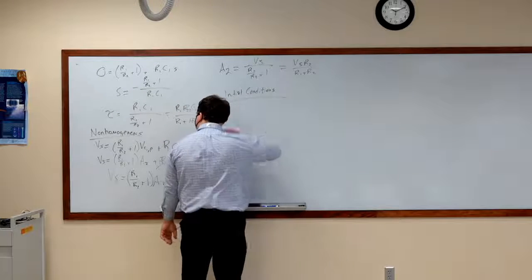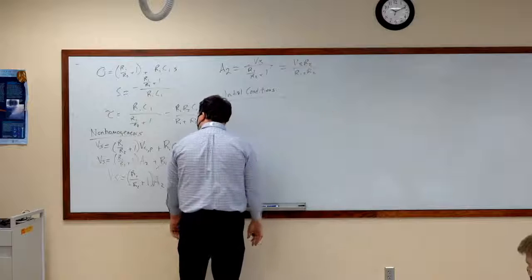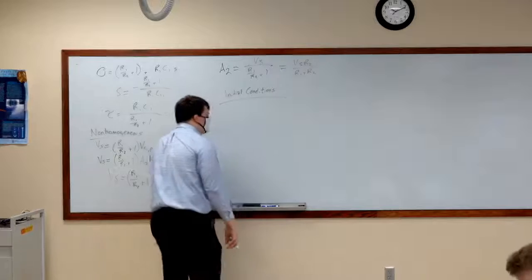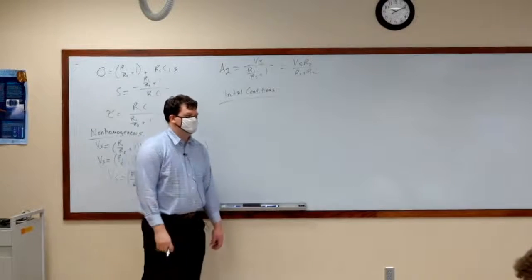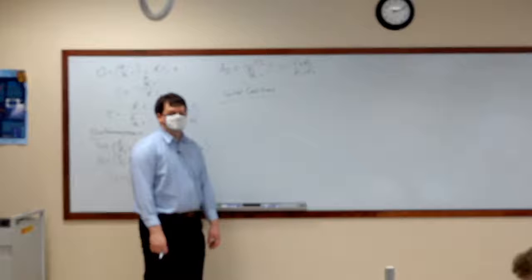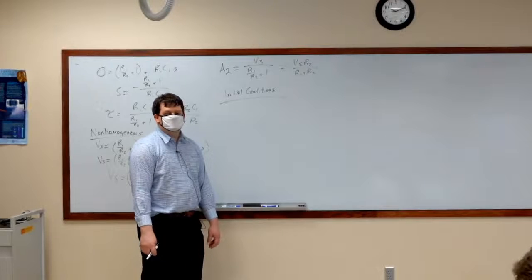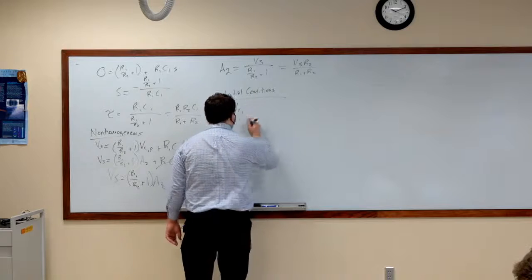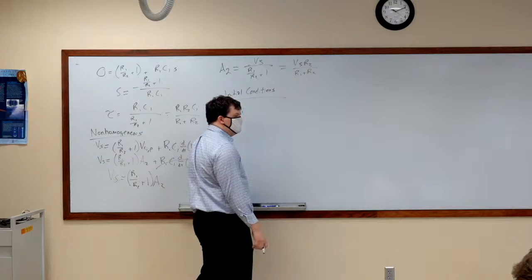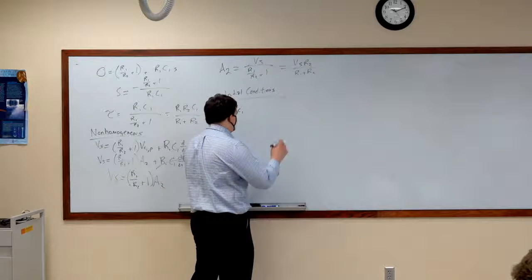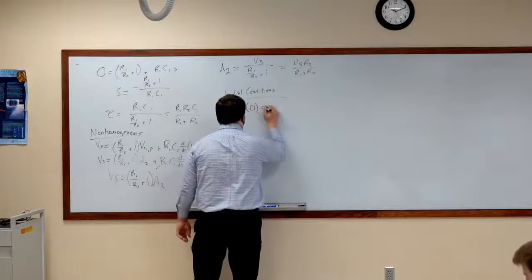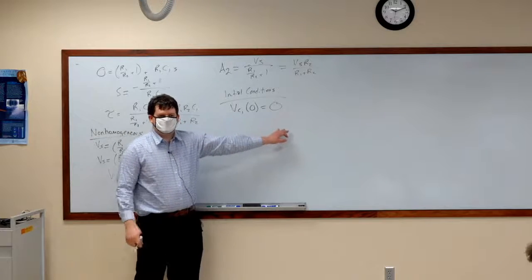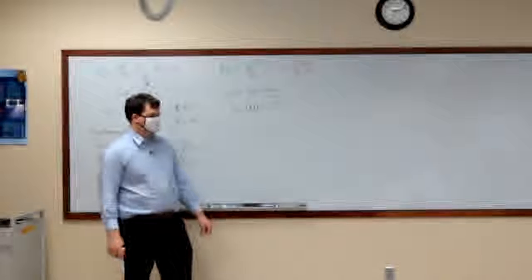Okay, so. What's the first thing we write when we put down the initial conditions? What was the first equation we wrote last time? Right. So, assuming that at time 0, the voltage on the capacitor is 0, what's the second equation I gave you?